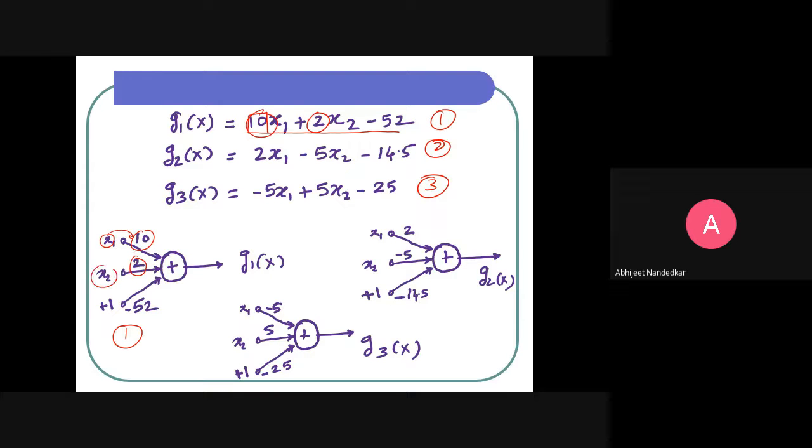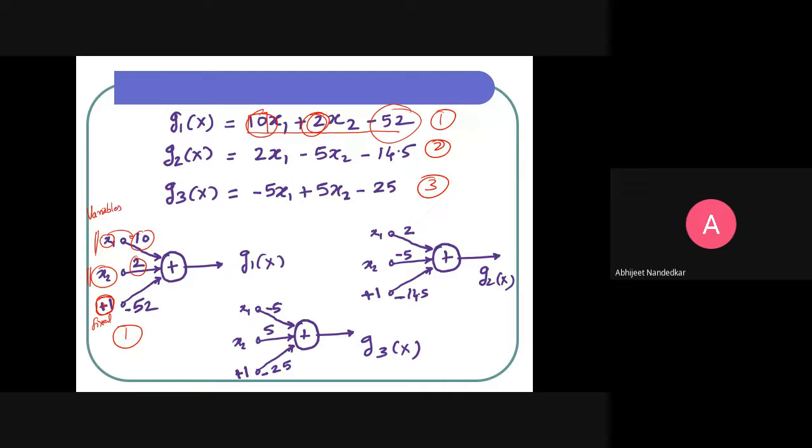For the x2 terminal, write its coefficient 2, and for the third terminal you write minus 52, and you connect this terminal to +1. So this is a fixed connection. This won't change. These two are variables.